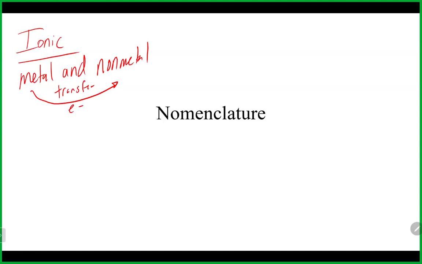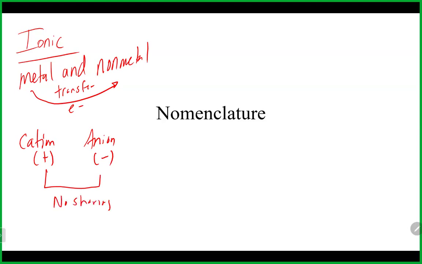That results in cations being formed and anions being formed, which are positive and negative guys. And there's no sharing of electrons happening here. That also is a category in terms of how to name a compound: being able to identify a metal and a nonmetal. And if it is that, you will name it a particular way, which we will obviously talk about.